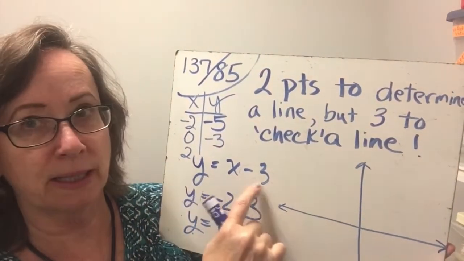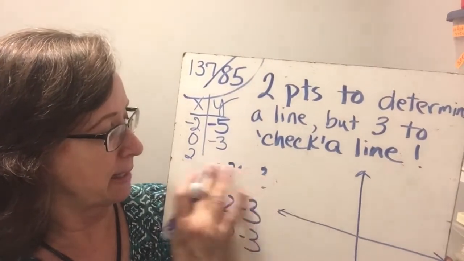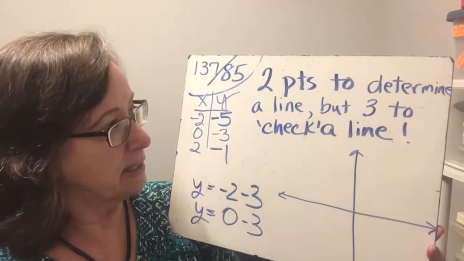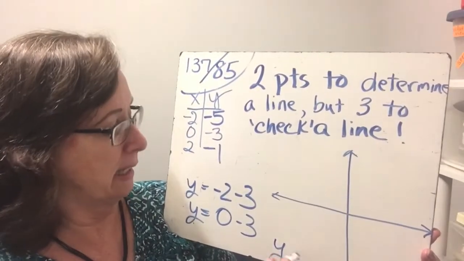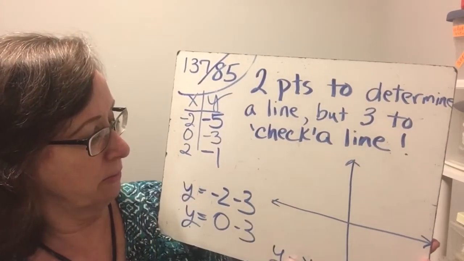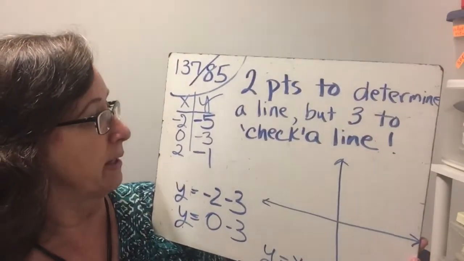So 2 minus 3 is a -1. So I'm going to move this because it's in my way. Okay, so the line was y equals x minus 3. All right, so 2 makes it a -1. So here's my points, and here's the line I'm trying to graph.